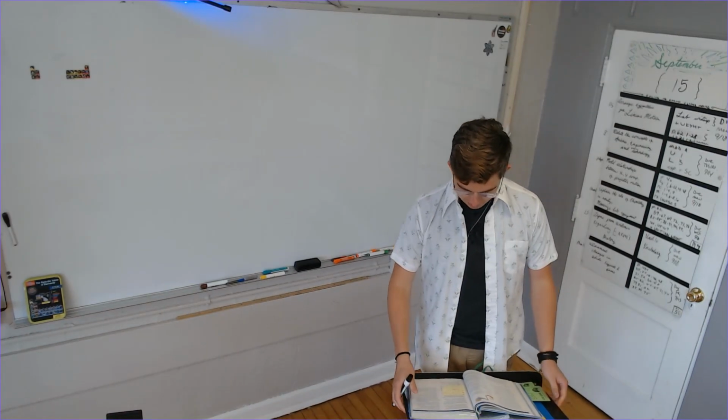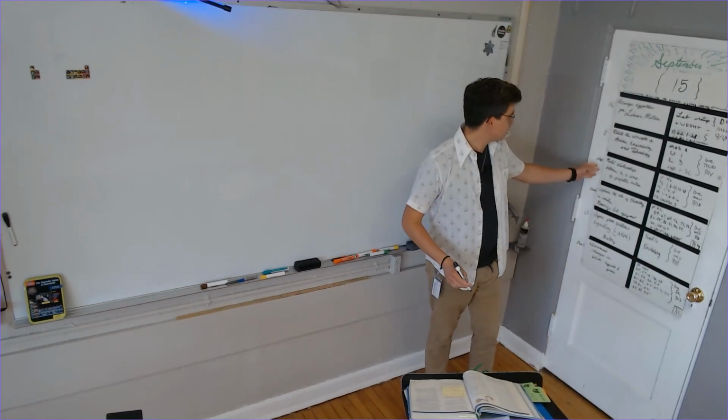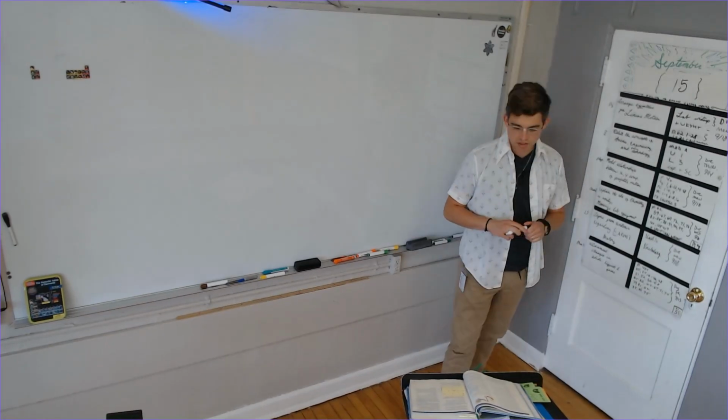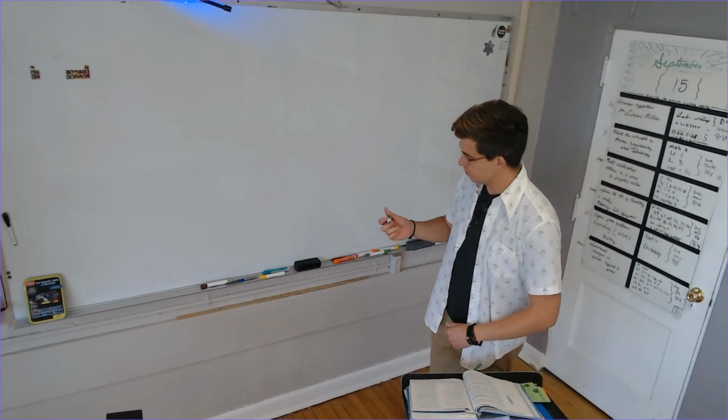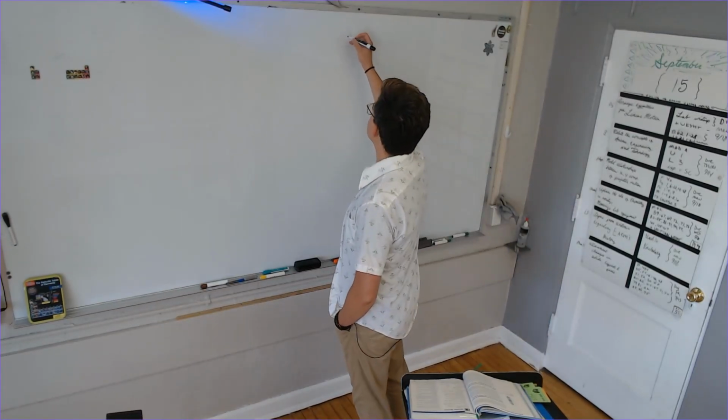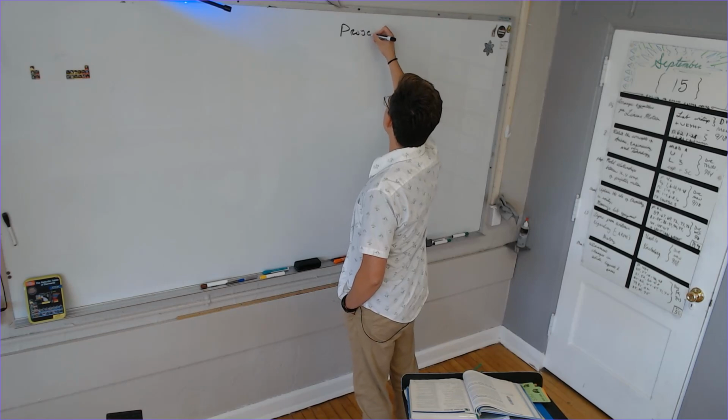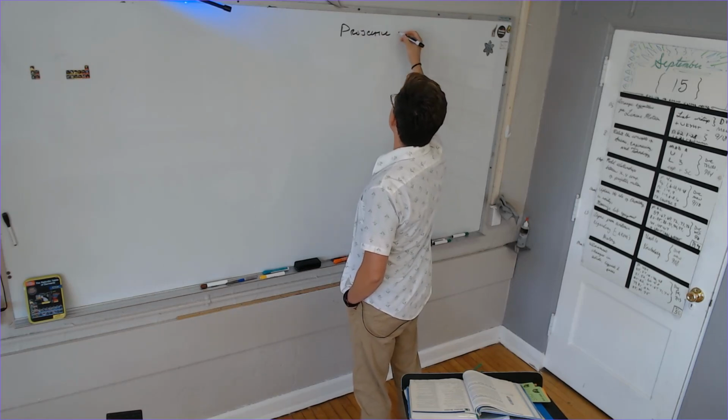Okay, physics time. The objective is to model the relationship between x and y components of projectile motion. The physics concept of this lesson is projectile motion, but that's not really what we're going to focus on for much of the time.